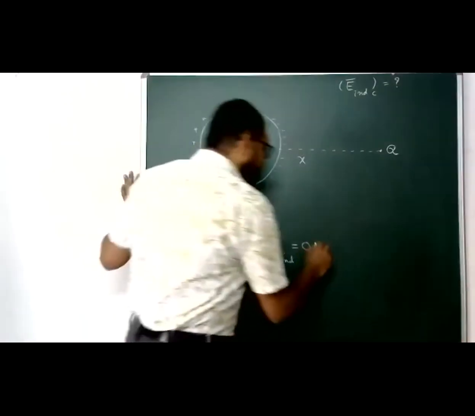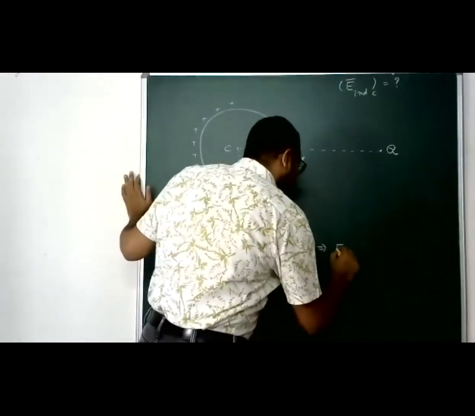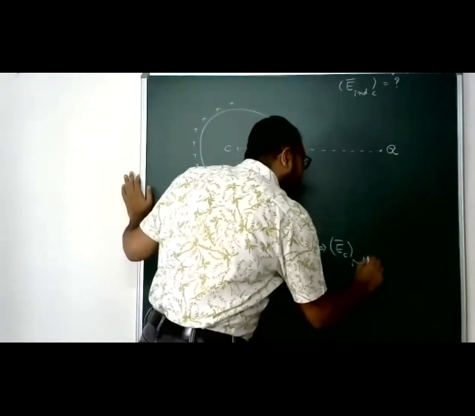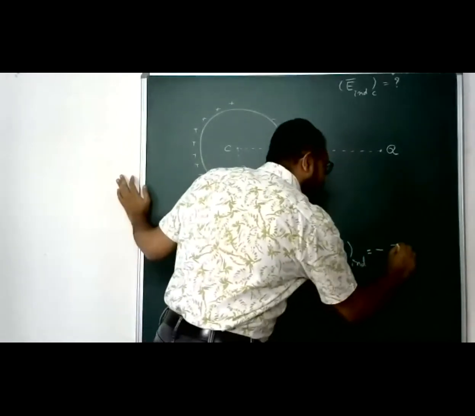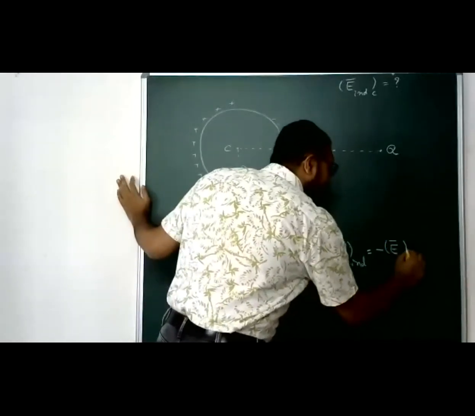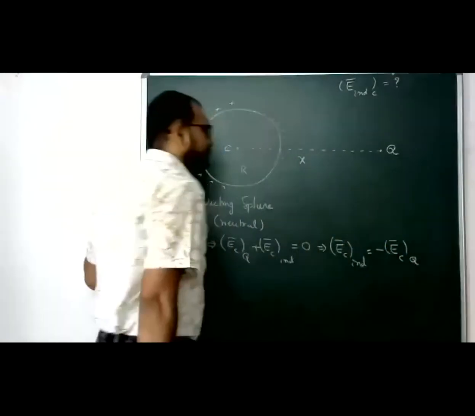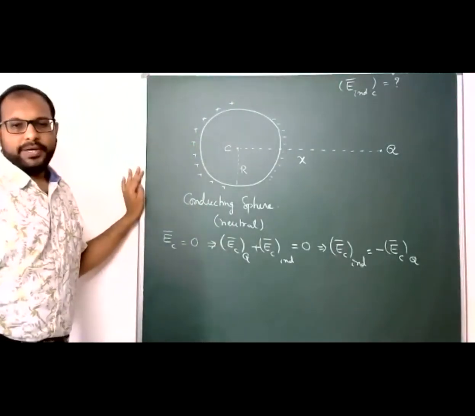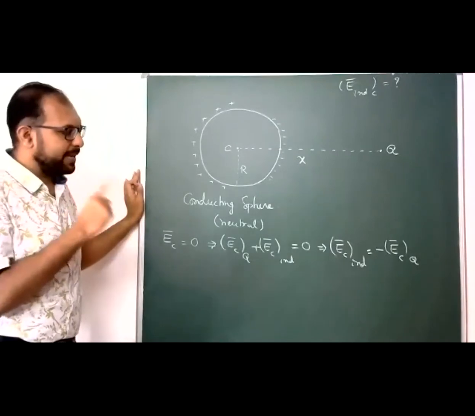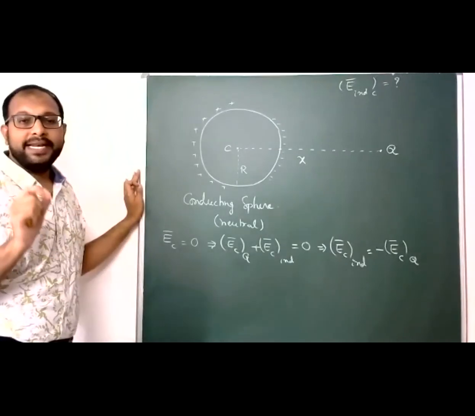So therefore, electric field at point C due to induced equal to minus electric field at point C due to capital Q. Due to capital Q means magnitude wise the same electric field but direction opposite.